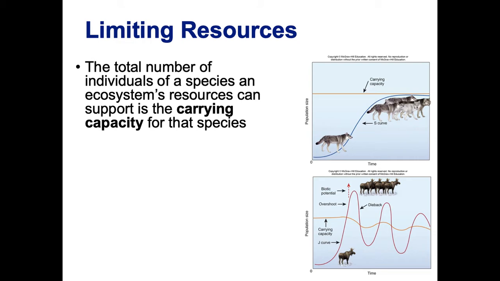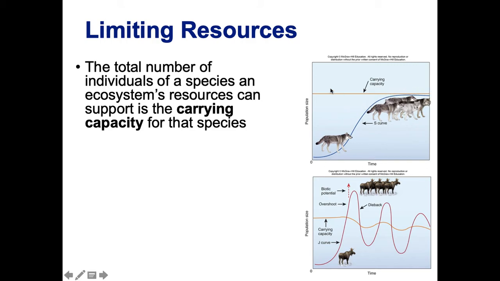Limiting resources. There's another term that we often think about, and that's carrying capacity. And it has to do with the total number of individuals a species can have in a certain ecosystem based on the amount of resources that are available. And so as resources become more scarce, the population levels out.